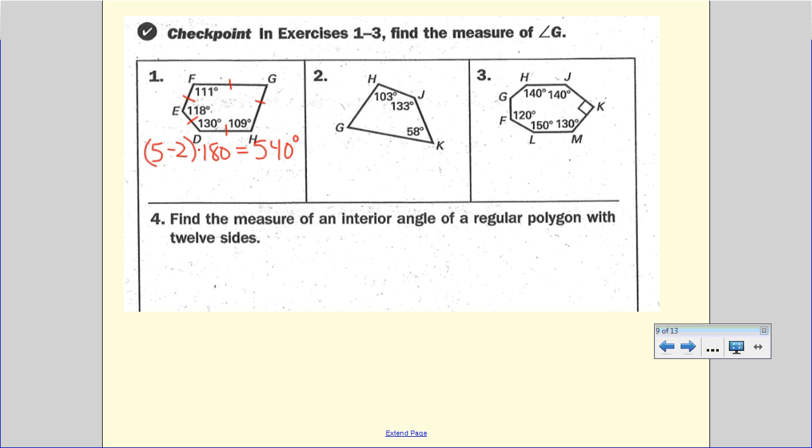I need to add all of these up, so I'm going to do angle G plus 111 plus 118 plus 130 plus 109. I feel like I'm running out of a little bit of room here. And set that equal to the 540.